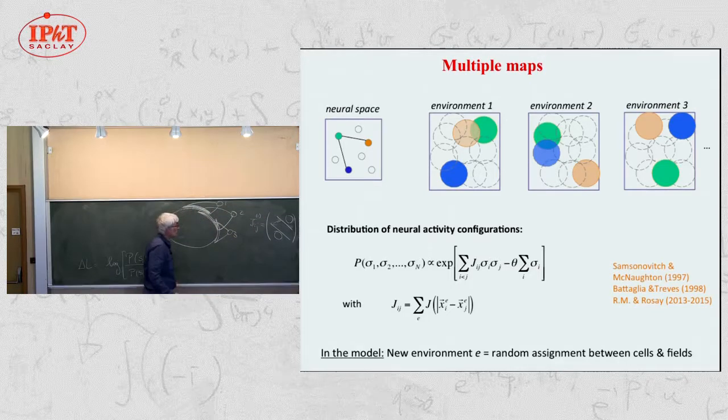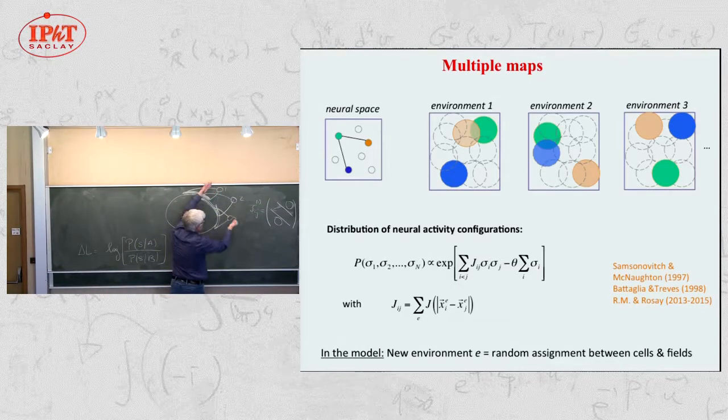Now what about environment 2? Now the same neurons will have different place fields, and in the simplest model you can think of, you draw a random permutation of the assignment between the set of neurons and the set of place fields, okay? This corresponds to having a new matrix, J2, which is just a permutation of J1.